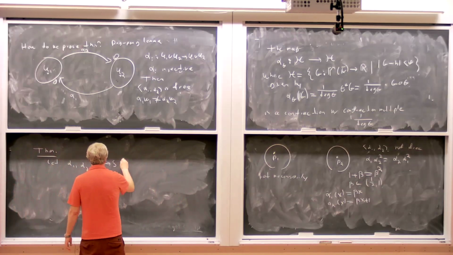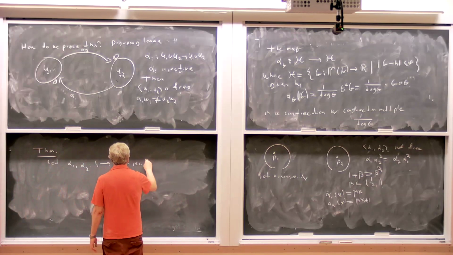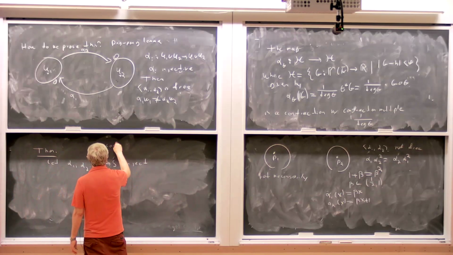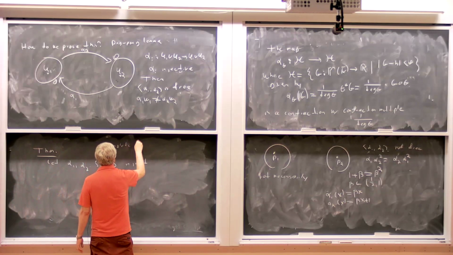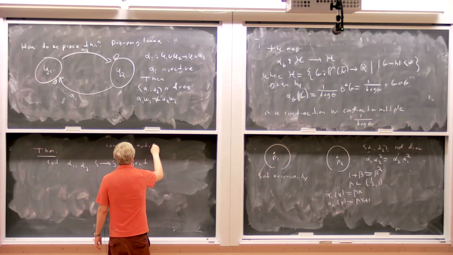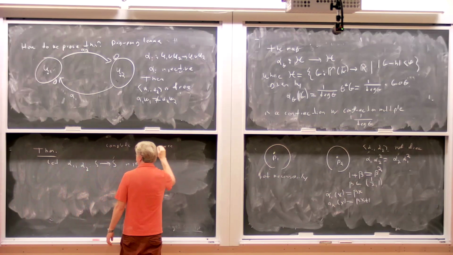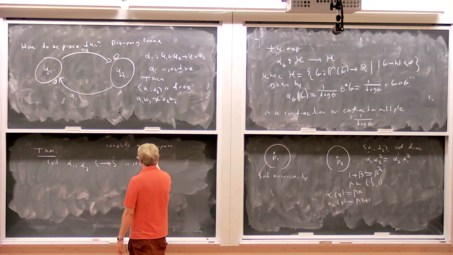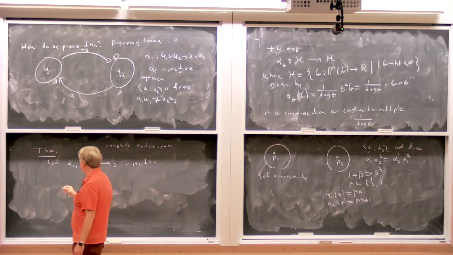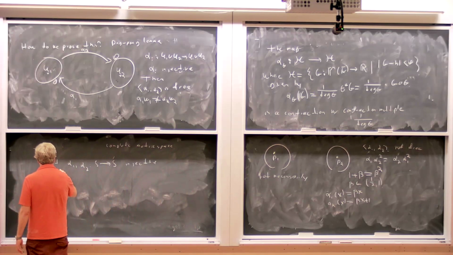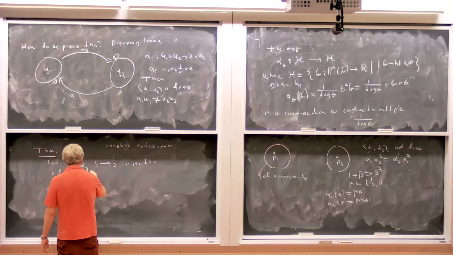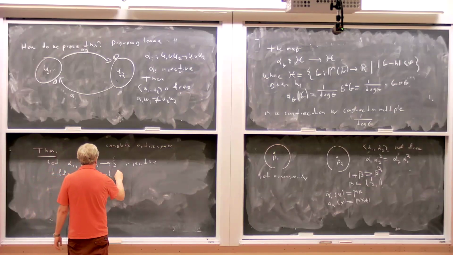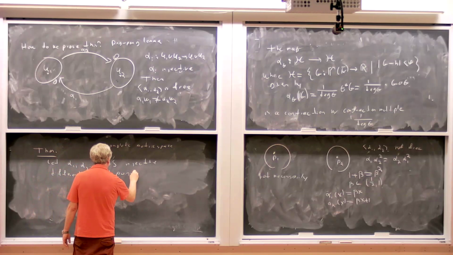Injective. This will be a complete metric space. Injective, different fixed points. They have to have different fixed points. It's totally false if they have the same fixed point.